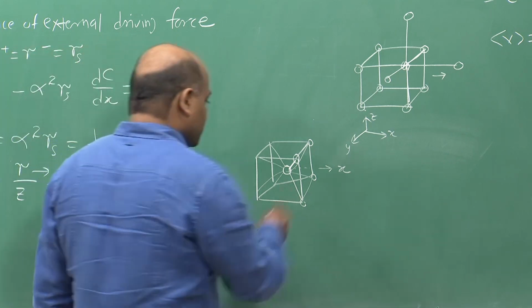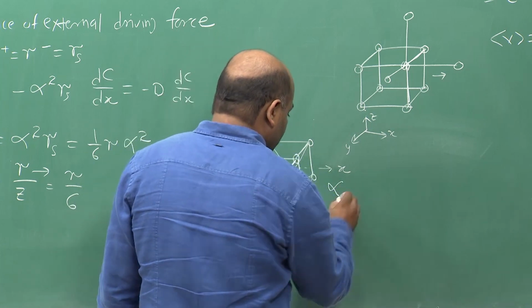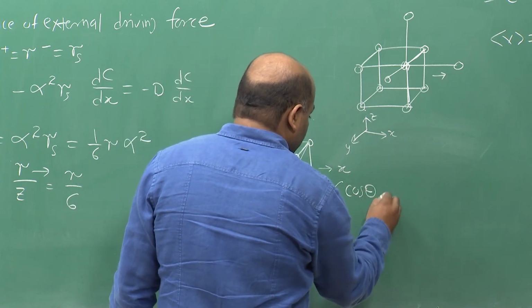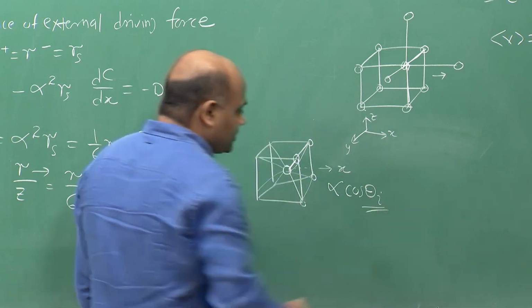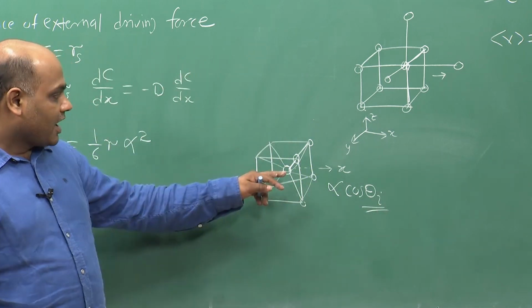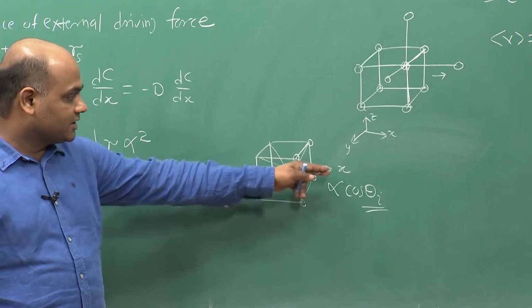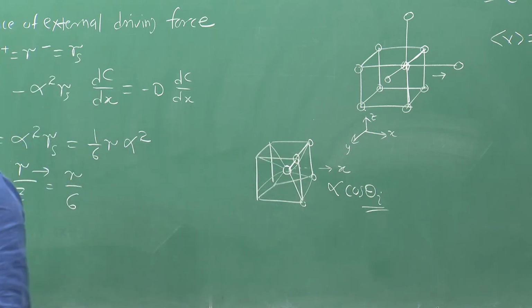Right. So, if the jump length is alpha, the contribution will be alpha cos theta I, where theta I is the angle that the jump I makes with the x direction, the direction of diffusion. Okay. So, now we need to modify this a little bit.